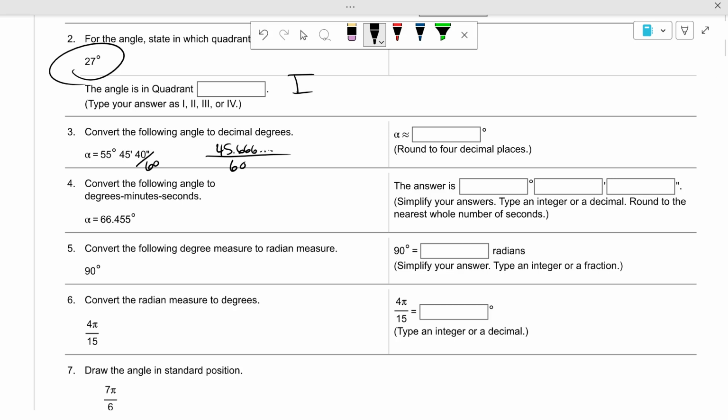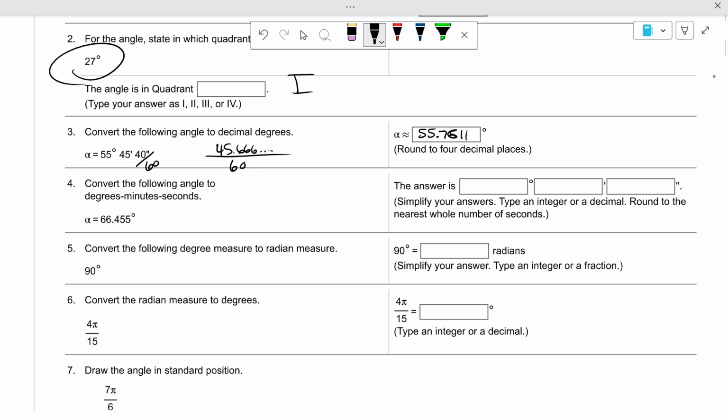Rounded to 4 decimal places, you're going to get 0.7611.